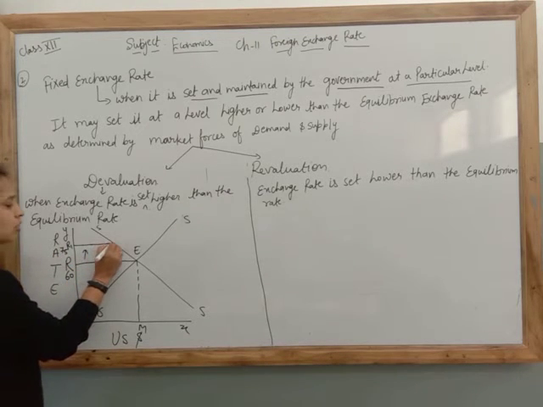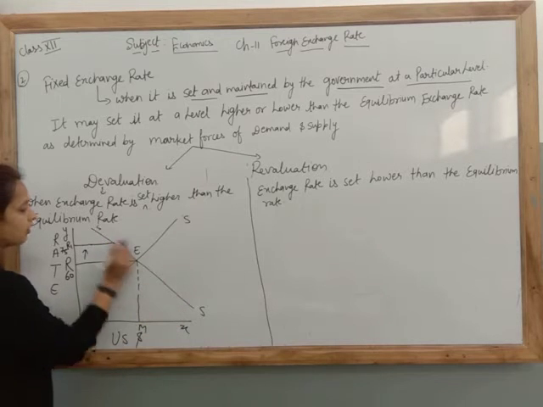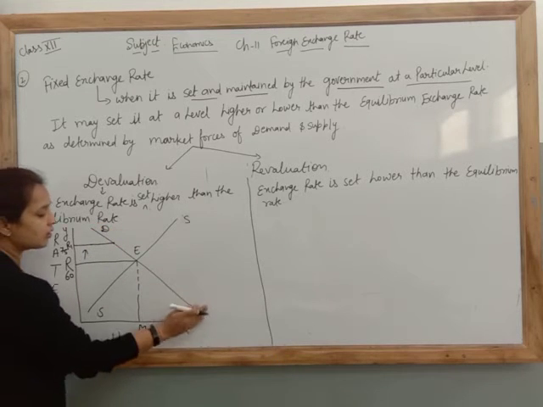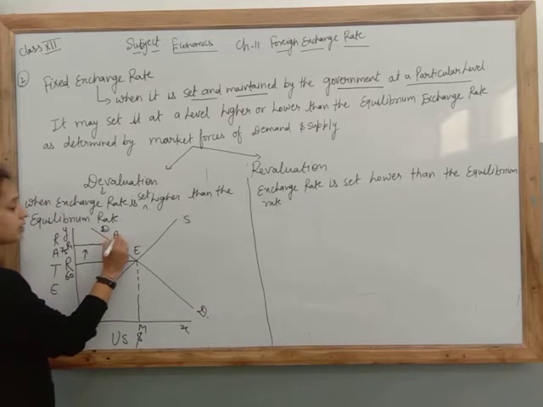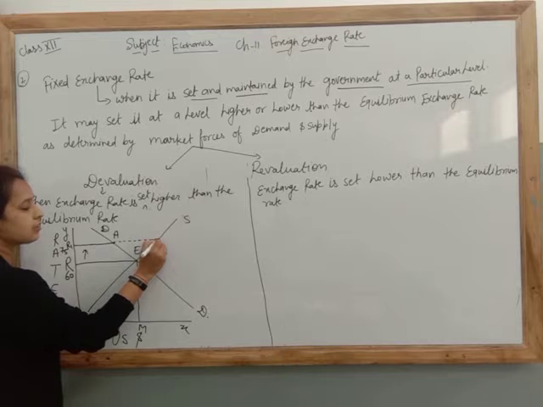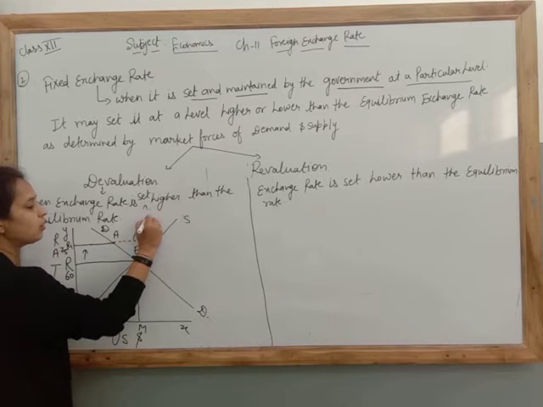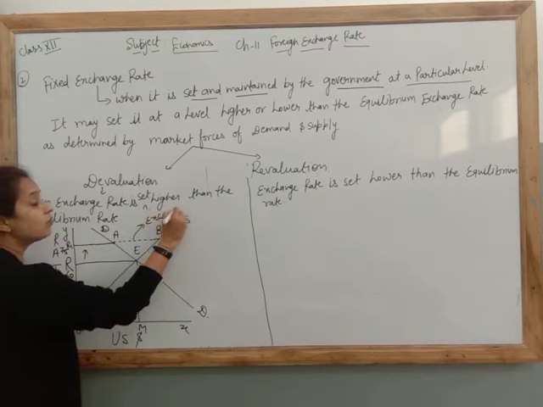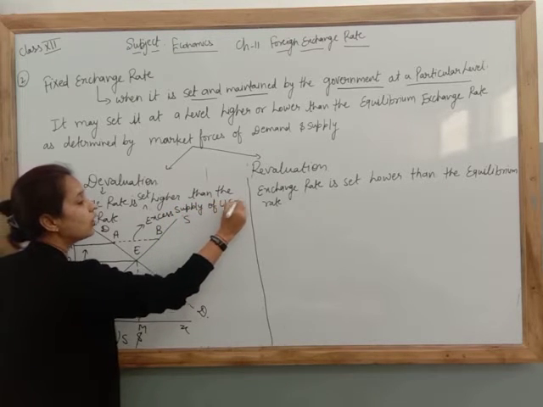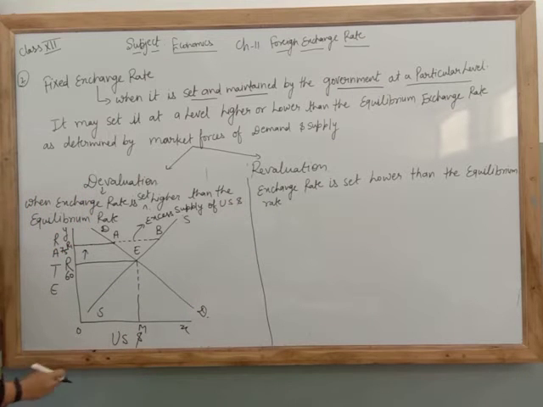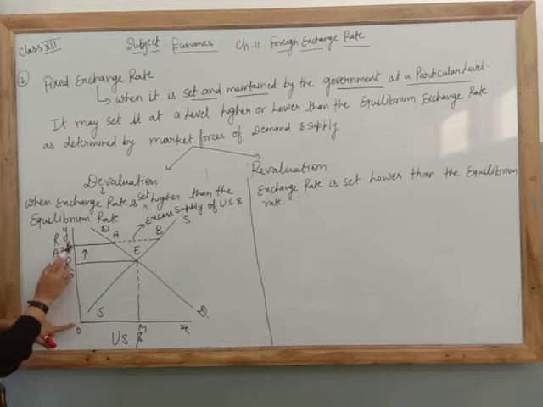So in that condition, what happens? Demand will decrease and supply will increase. You can see very easily that is the point of excess supply of foreign currency, excess supply of US dollars, because I have taken dollar here.